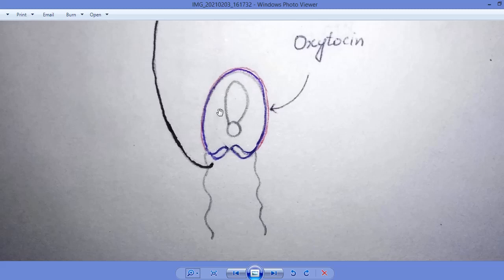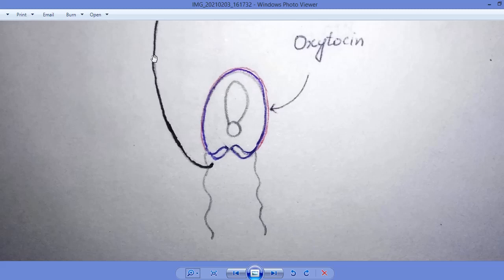So when the fetus applies pressure on the cervix, the stretch receptors are activated, and the stretch receptors give an action potential to the afferent somatic neuron.